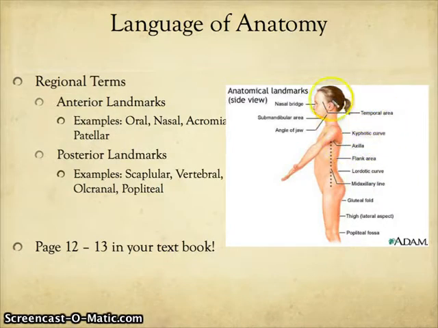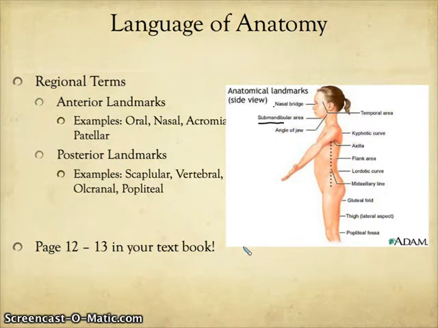Temporal region, well, we know there's a temporal bone there. Nasal bridge is really hard to figure out. You recognize how these terms correspond to specific areas. Submandibular area: sub means below, mandibular refers to the mandible. If you know where the submandibular area is, you know where the submandibular salivary glands are. Those are the reasons you need to know these.